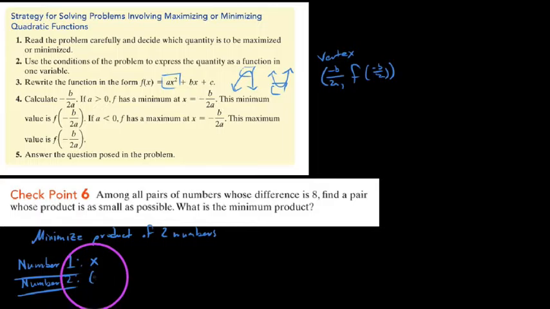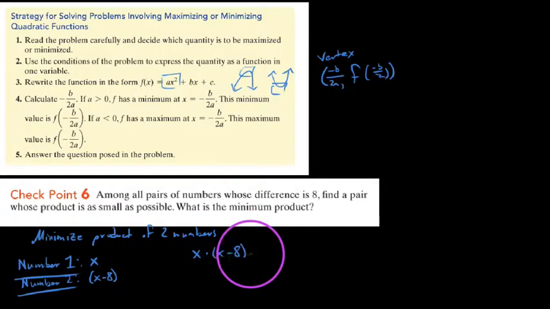So I could say that this other number here is x minus 8. I'm going to list my two numbers, and you notice that I list them in terms of the same variable. But basically, what I'm trying to make as small as possible is the product of these two numbers. So I'm going to write the product, x times x minus 8. I want this to be as small as possible here.